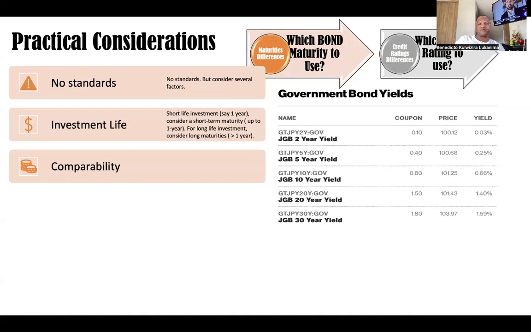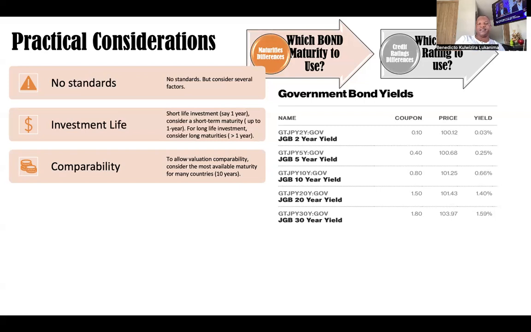Another important point to note is comparability. Comparability is important because sometimes we value businesses to compare value among different businesses. So to allow valuation comparability, we consider the most available maturity for many countries. And realistically, that is a 10-year bond yield.